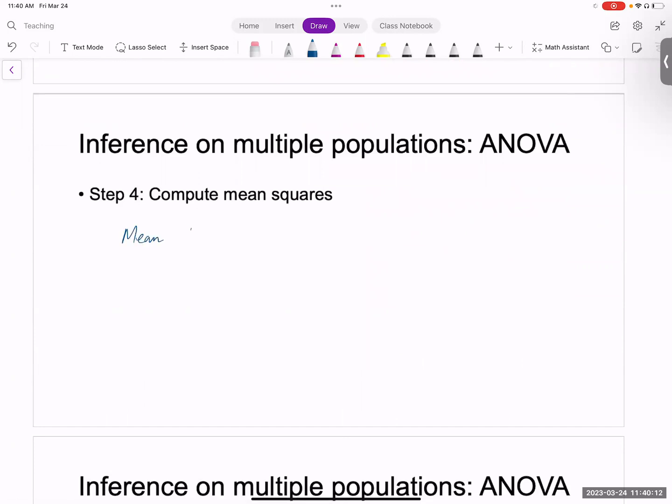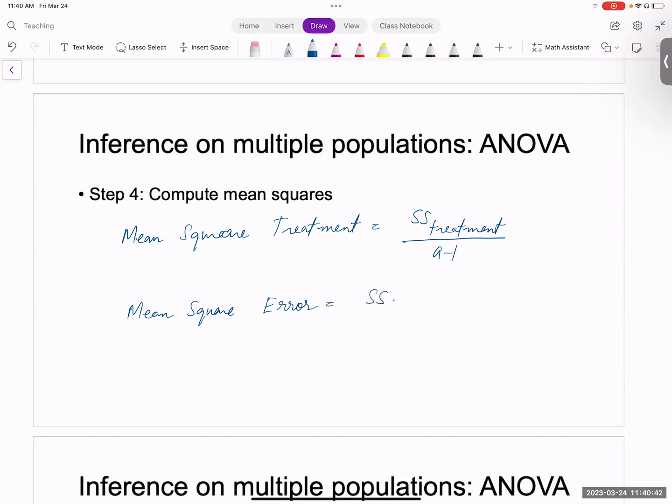So mean square treatment is equal to sum of squares treatment divided by a minus 1, and then your mean square error is equal to sum of squares error divided by a times (n minus 1).